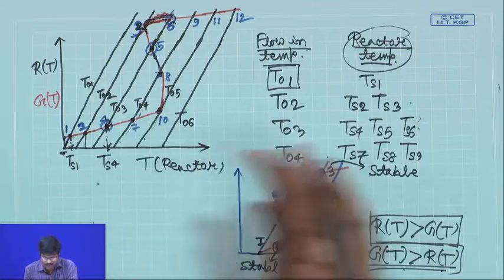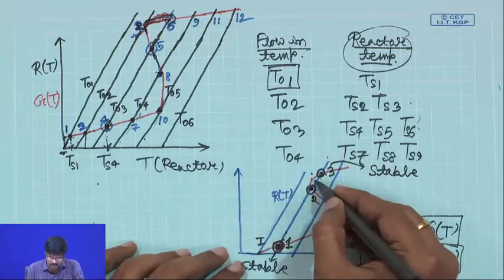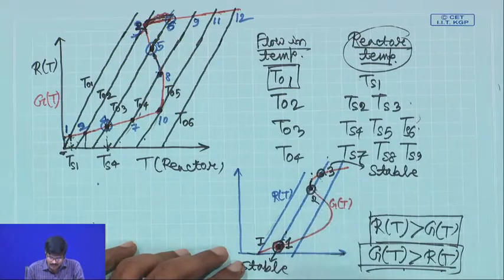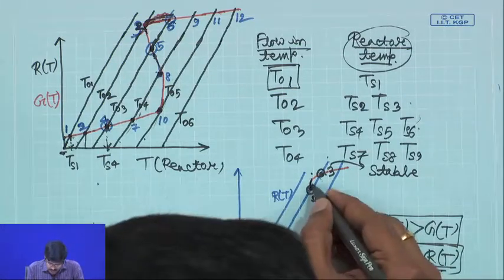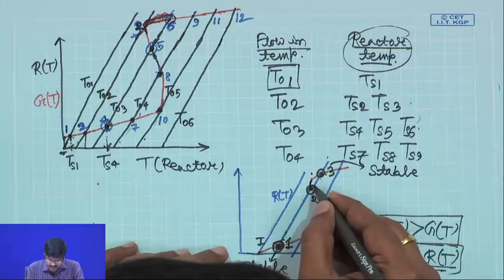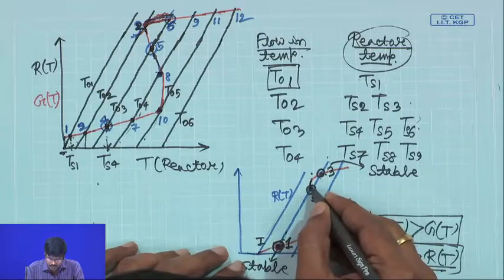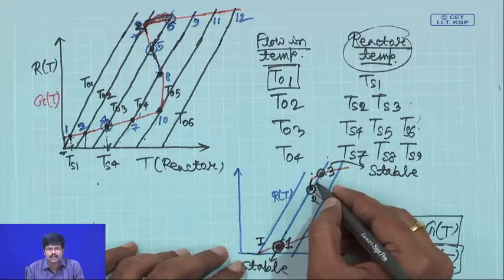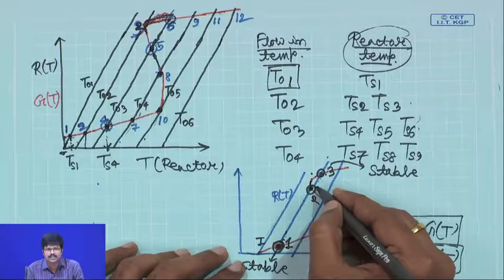If you heat the system up a little bit, what do you get here? You are going, say, from this point to this side. If you go from this point to this side, your heating curve is at a higher point than your cooling curve. So if you heat up slightly, what will happen?